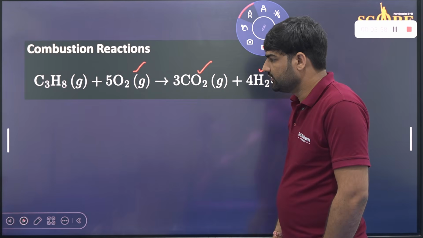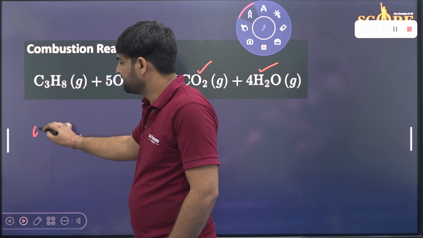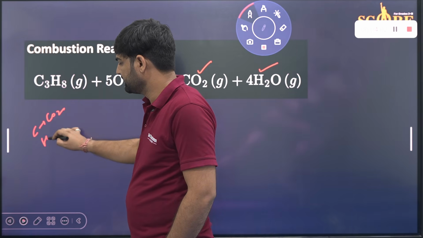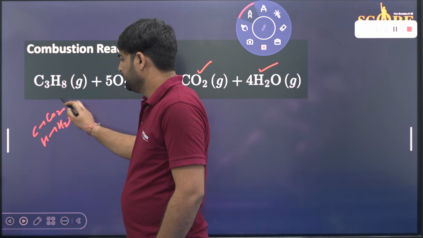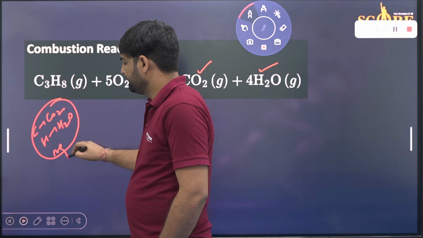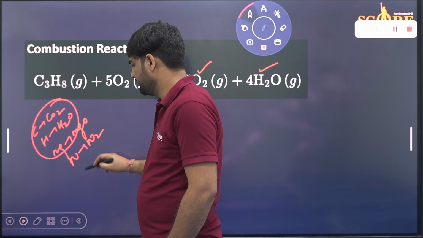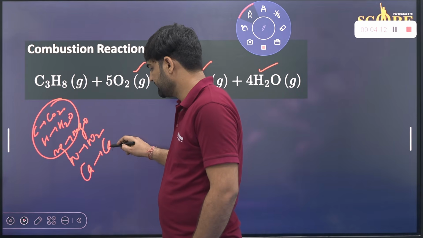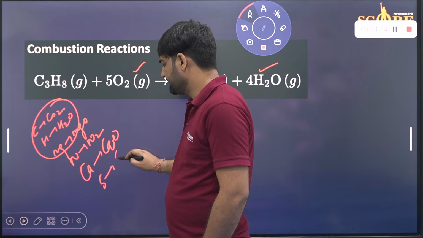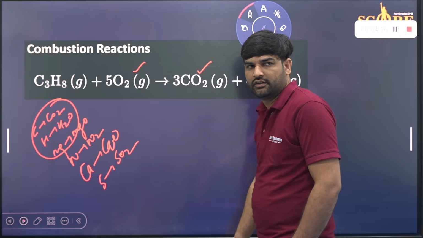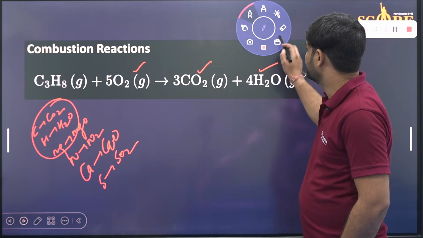During combustion, the following changes occur: carbon converts into CO2, hydrogen converts into H2O, magnesium if present converts into MgO, nitrogen if present converts into N2, calcium if present converts into CaO, sulfur if present converts into SO2. These are the changes that occur.